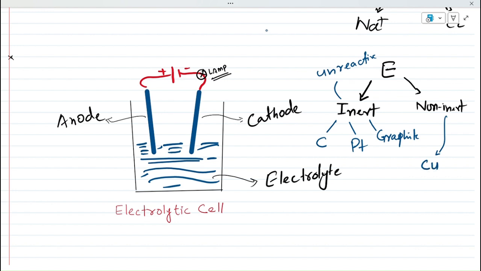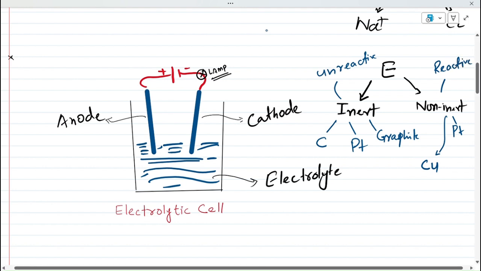Let's take an example of copper. Copper can act as a non-inert electrode, as can lead or any other metal. Non-inert electrodes are the reactive electrodes. They react themselves in the solutions, but the inert electrodes do not react.